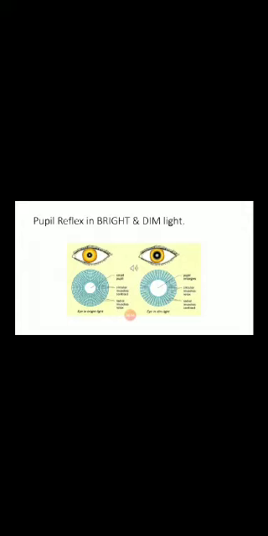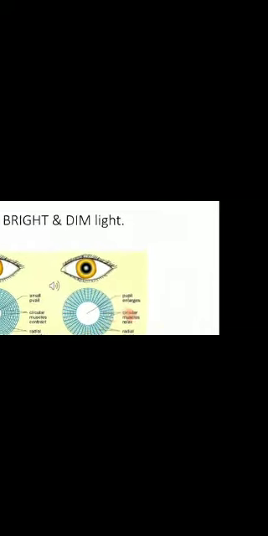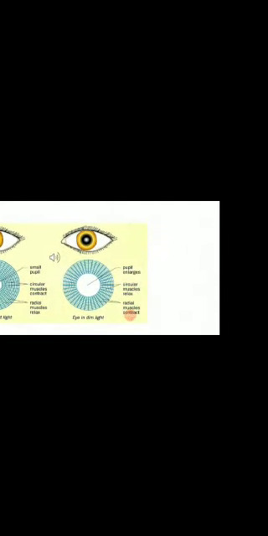When the light is intense or bright, the size of the pupil decreases because the circular muscle contracts and the radial muscle relaxes. Contrary to that, in dim light, the size of the pupil enlarges: the circular muscle relaxes, whereas the radial muscle contracts.